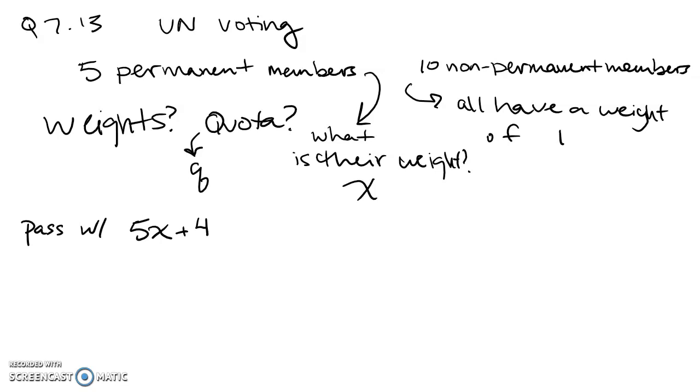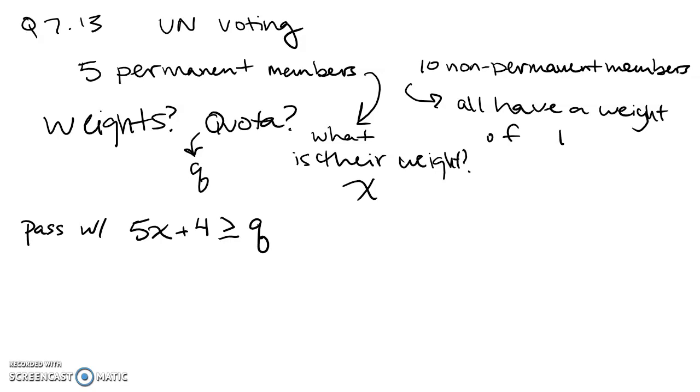If it passes, that means the total is greater than or equal to the quota. So we can set up this inequality: 5x plus 4 should be greater than or equal to q. They don't say it, but we can interpret that we could have had more than 4 non-permanent members, but this one at least does it.